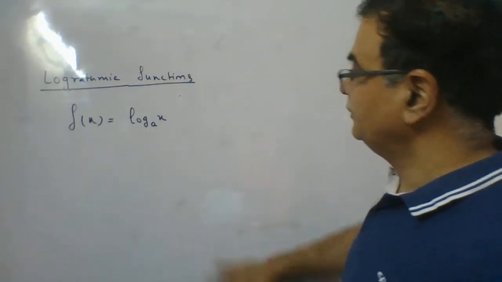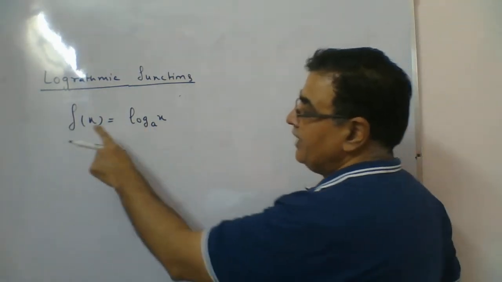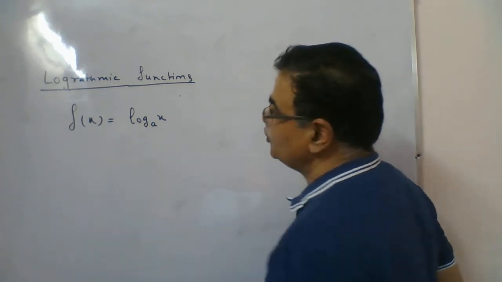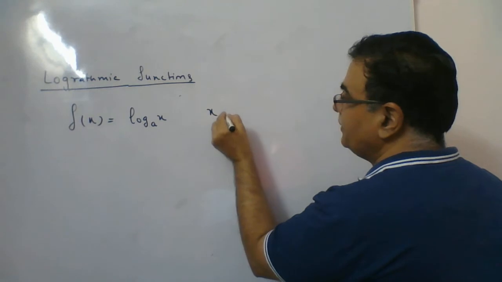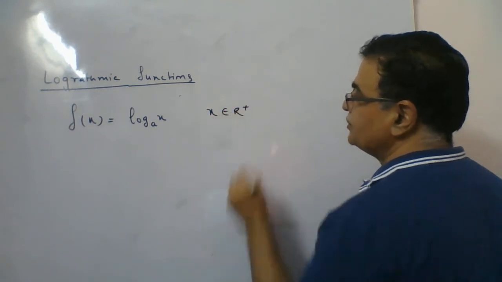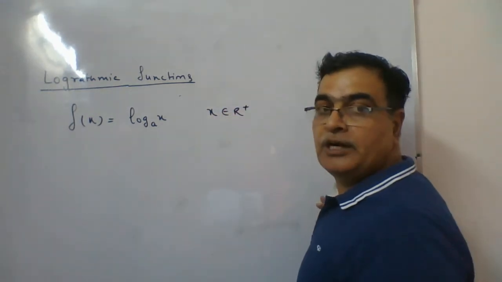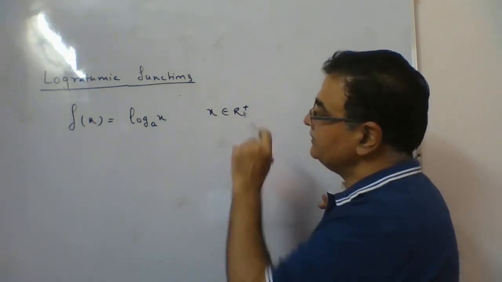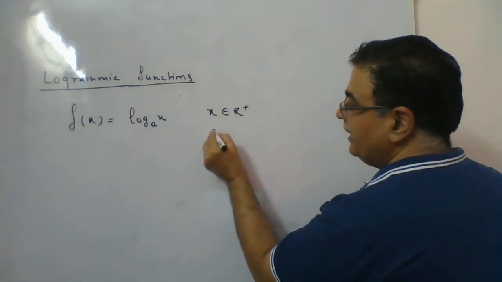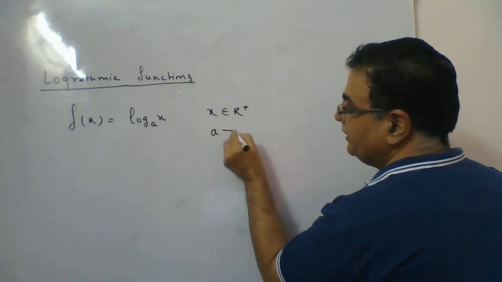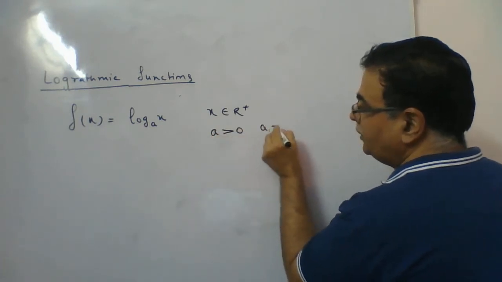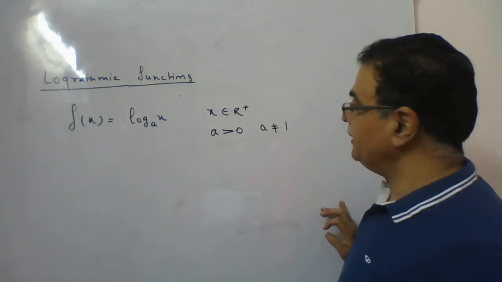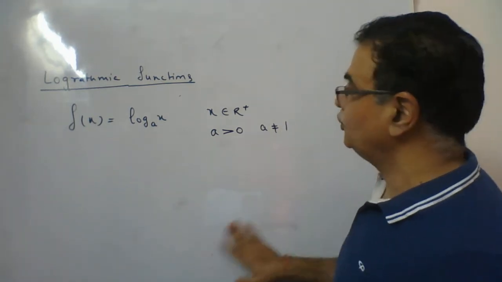Here, whenever I say f(x) is equal to log x with base a, the first thing you should keep in mind is that x should always be R positive. This time you can't put x as all the real numbers. A, I told you, should be greater than 0 but not equal to 1.